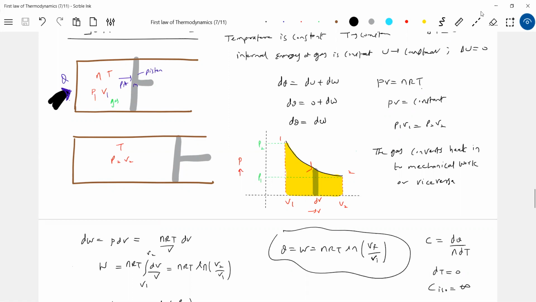Very simple way. So can you use this cylinder, piston and gas to generate heat? Yes, I should supply energy. So the gas is converting mechanical work into heat or heat into mechanical work, vice versa. So there is an arrow you have to show.